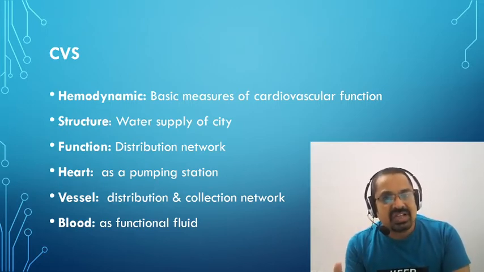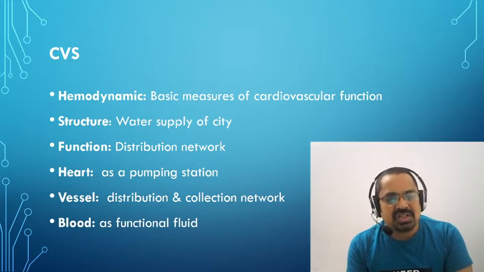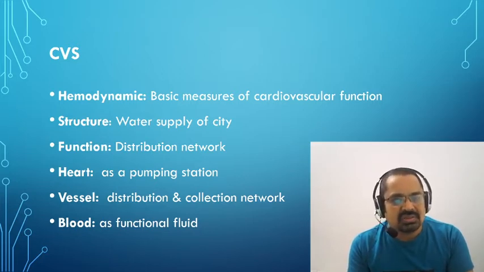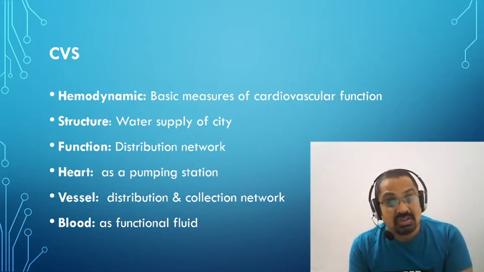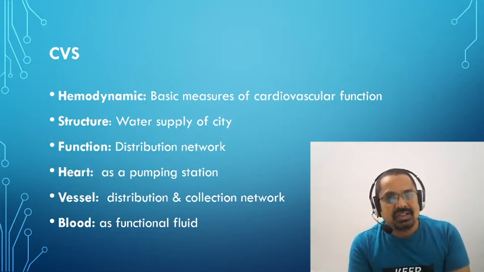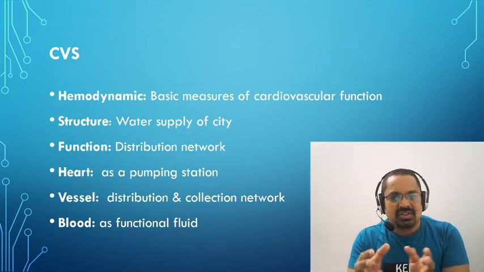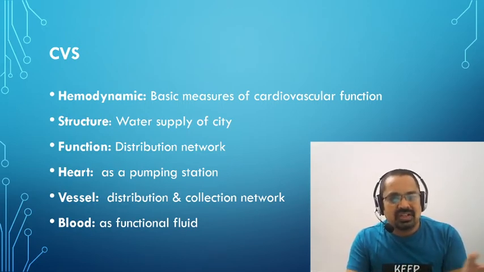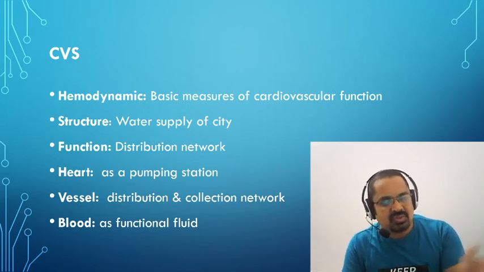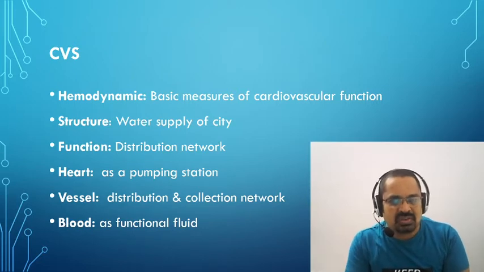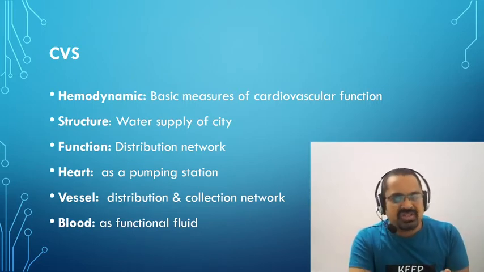There is a large tank inside your city which supplies water to the whole city. A big pipe comes from the tank and goes in various directions of the city: one towards the south, one north, one east, one west.